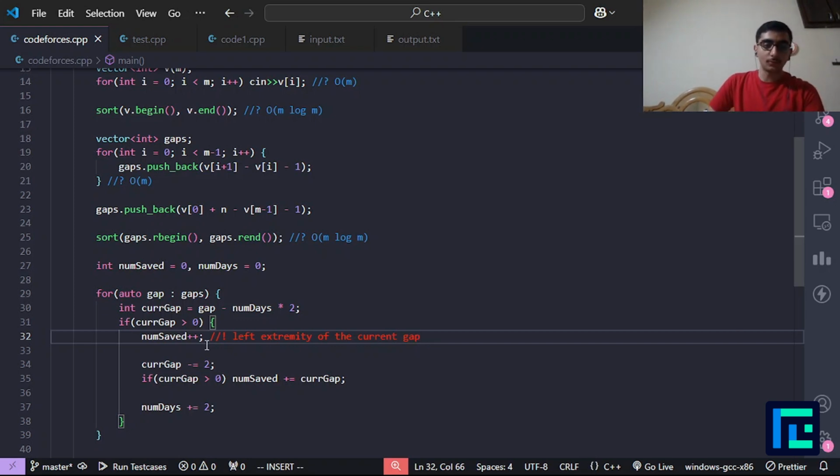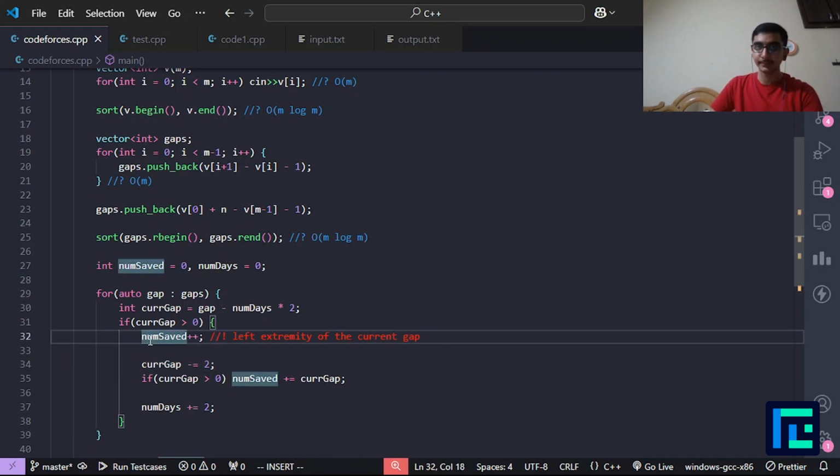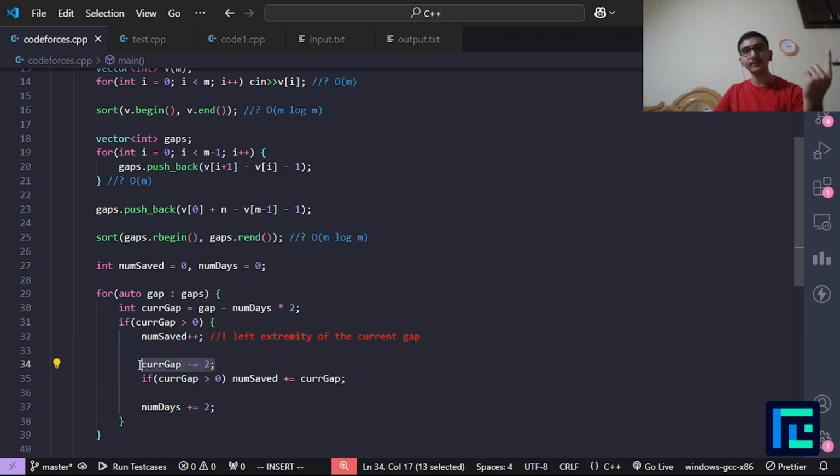Now what happens is that one extremity has been saved, the other extremity gets infected, right? Because I have taken 1 day for it, 1 day to protect one house, right? So my current gap again reduces by 2 because one has been saved and one has been infected.